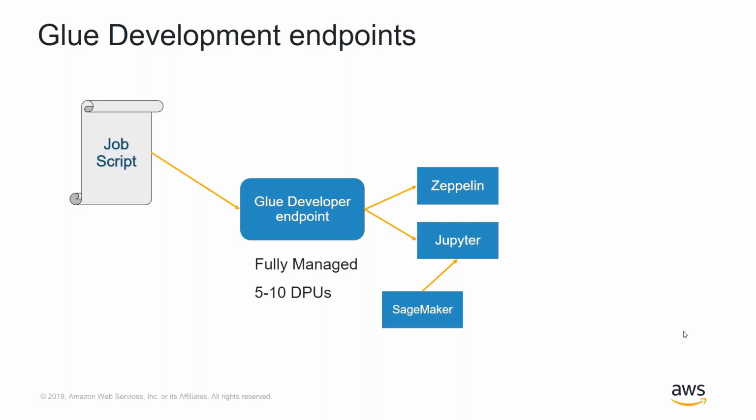One final point as we move off of developer endpoint is you can control the size of your developer endpoint. You can get a 5-node cluster, or you can get a 10-node cluster. So you get to pick a couple of sizes and then keep your costs down.